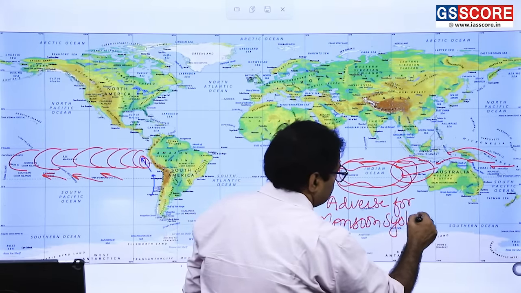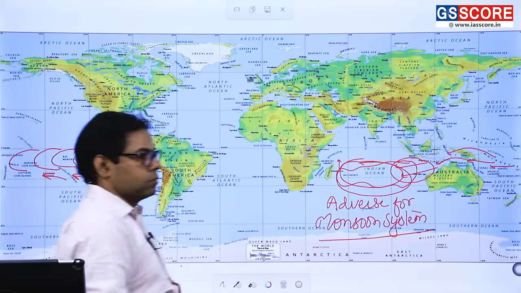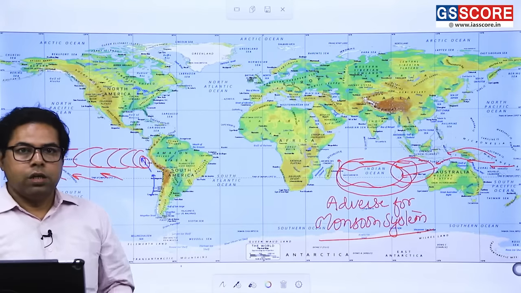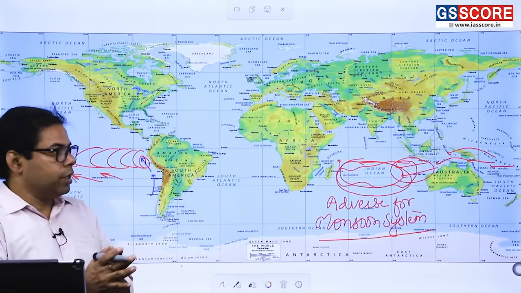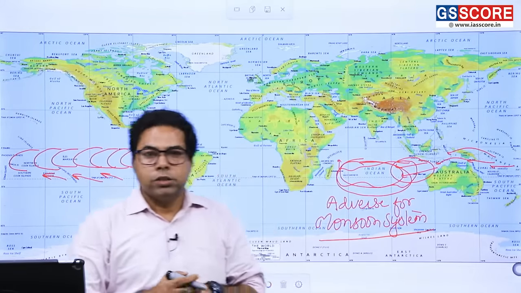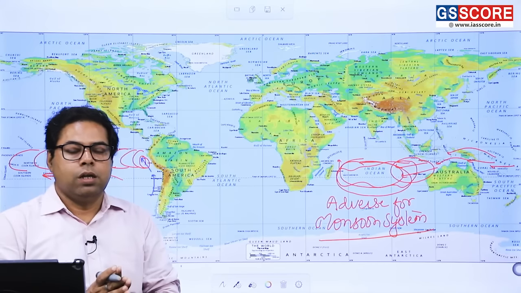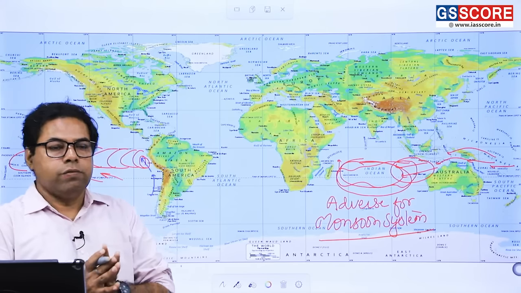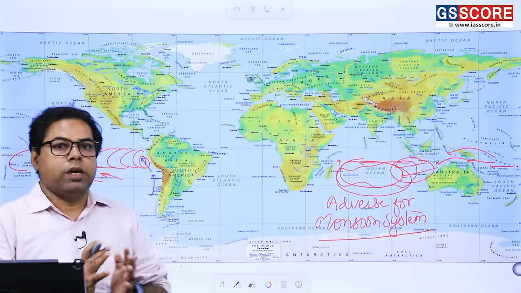This definitely affects the monsoon mechanism, which is very significant for India. So that certainly will impact the Indian monsoon.